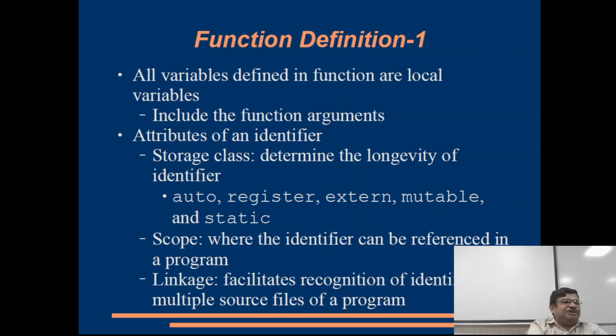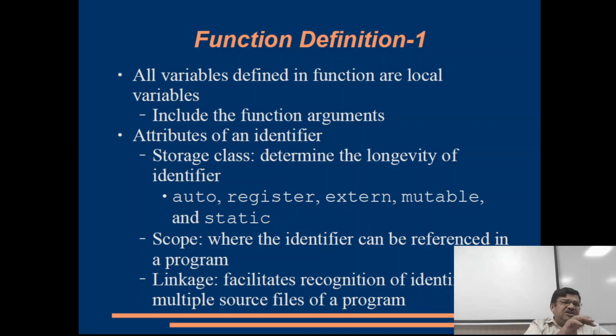Static, I just explained, it remembers the value in the previous invocation of the function, if you wish to remember what value it had in the previous invocation. And beyond the storage class, you can have scope, what is the life of that identifier.